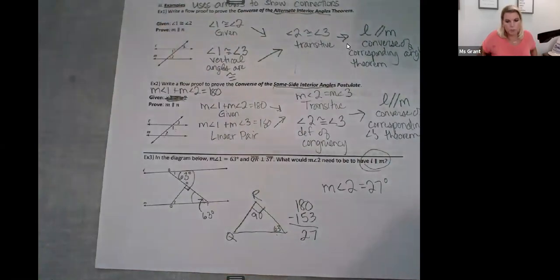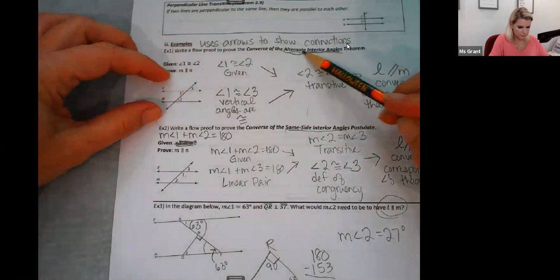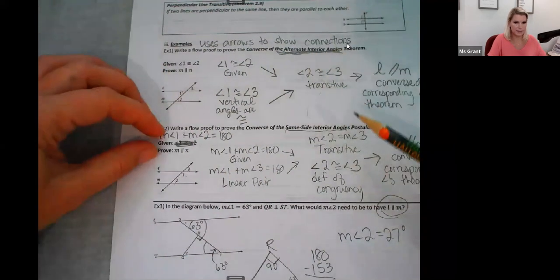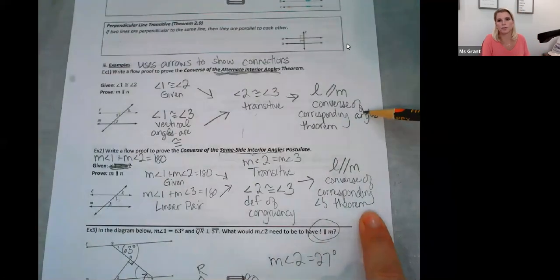All right. So we're going to talk about this again in class. I'm given what I'm trying to prove, alternate interior angles, given same side interior, and I used the converse of the corresponding angles to prove that the lines are parallel.